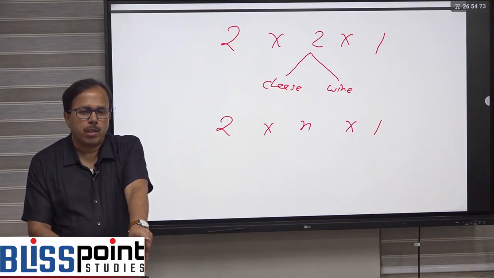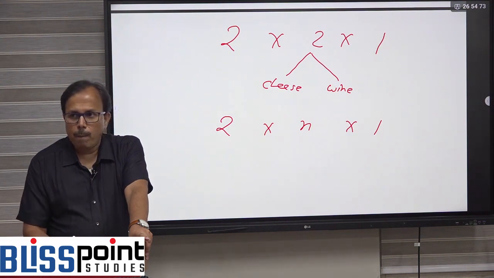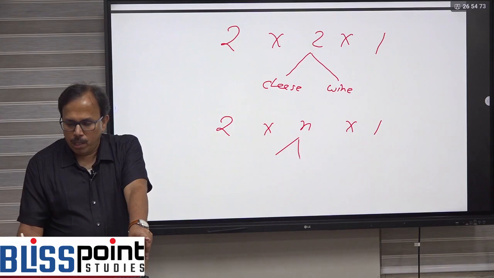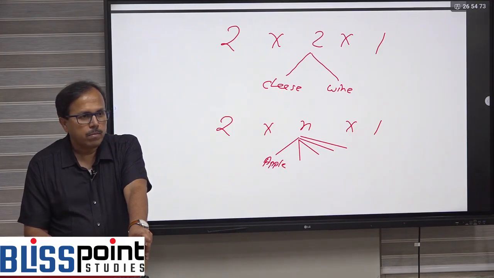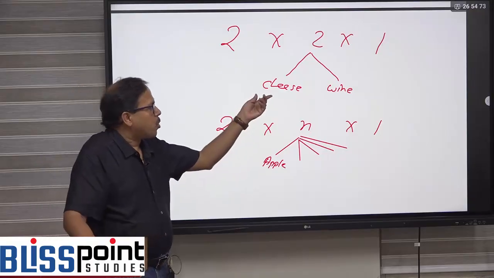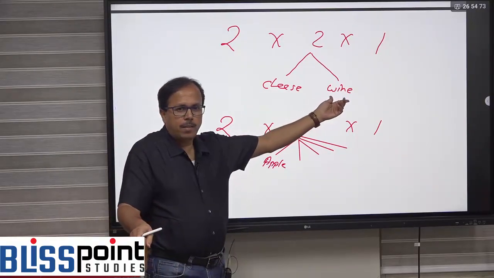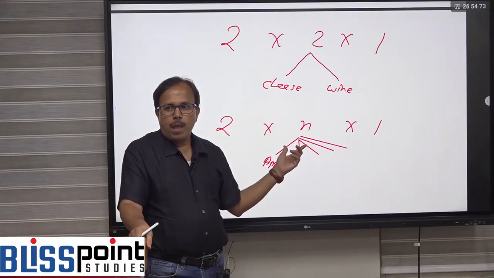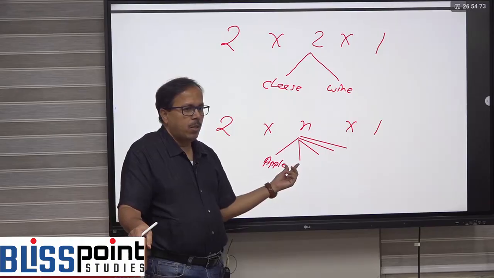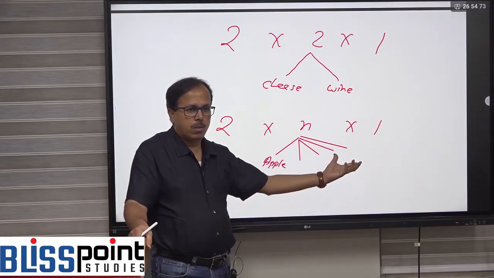for n number of product, many product. So if there are many product, then suppose home country produces apple, banana, cherry and so on, there are different product produced. In that condition, what is the opportunity cost of apple? Here opportunity cost of cheese was sacrifice of wine, but now opportunity cost of apple is sacrifice of all other goods.